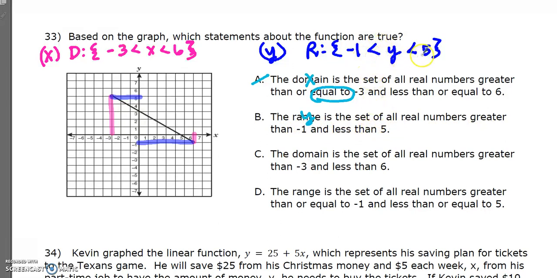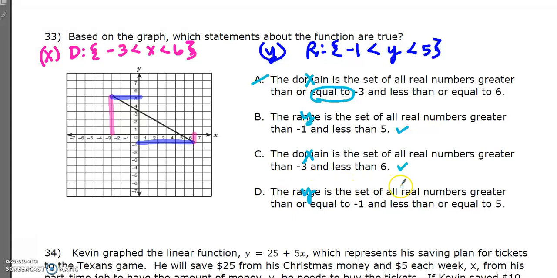So that looks like that might be it. C, the domain is the set of all real numbers greater than -3, right here. We're greater than -3 and less than 6. That also looks good.